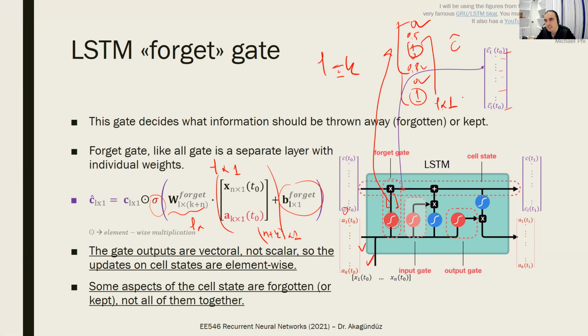It's an updated cell state, which is going to be fed to the next gate of the LSTM, the input gate, which we are going to talk about in the next slide. The gate outputs are vectors, not scalars, so the updates on cell states are element-wise. Always remember this. Some aspects of the cell states are forgotten, some are kept, not all of them together.